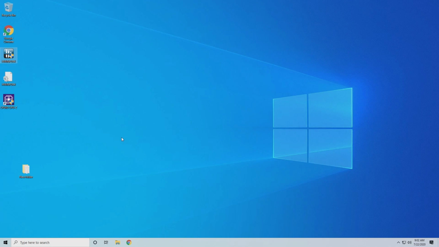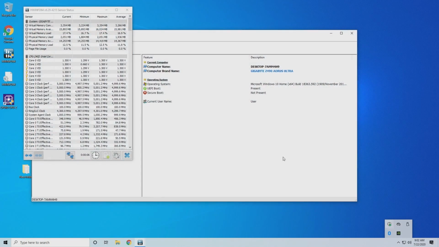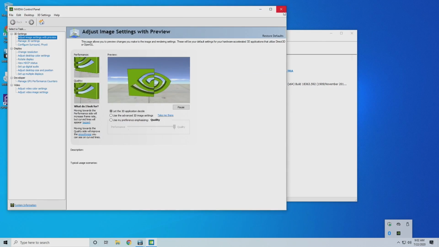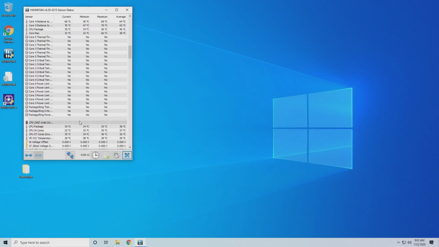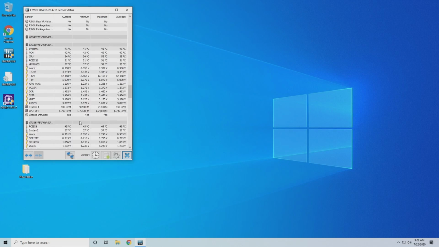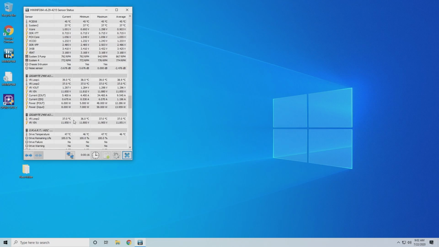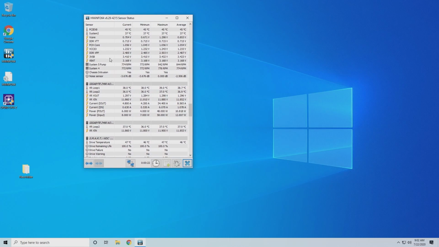Let's take a look at our readings. Whoops. No, we don't need NVIDIA control panel. Okay, so the first thing I'm going to look for is the voltage. I'm going to see if that's changed. Doesn't look like that's changed a whole lot.